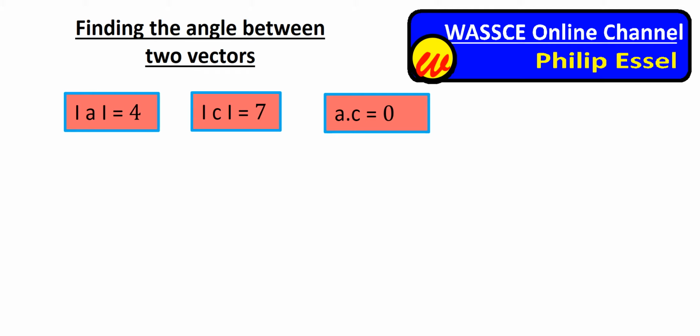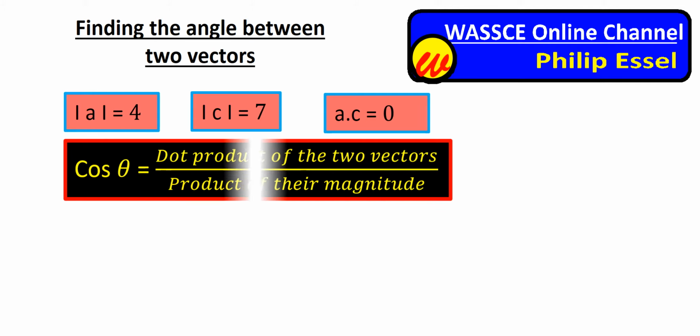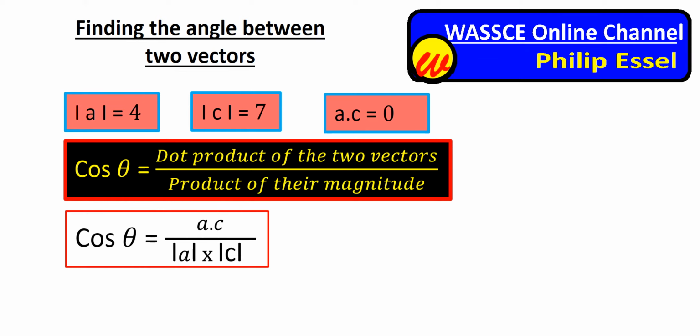Let's state our formula. So cos theta is equal to the dot product of the two vectors divided by the product of their magnitudes. So our cos theta will be equal to the dot product of the vectors A and C divided by the magnitude of A times the magnitude of C. At this point, we would have to substitute our numbers into the formula.